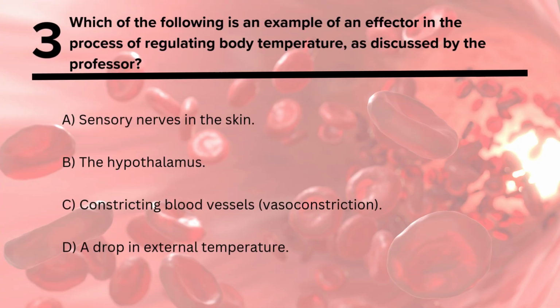Three, which of the following is an example of an effector in the process of regulating body temperature, as discussed by the professor?